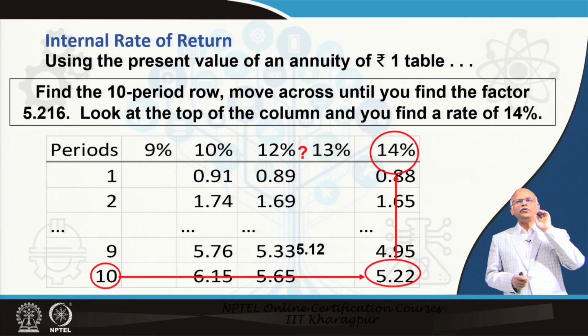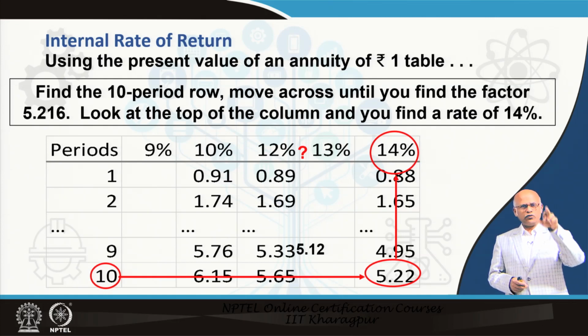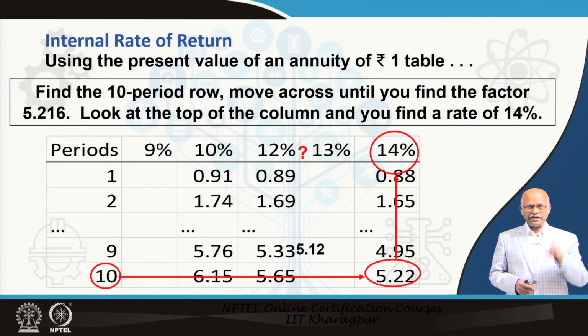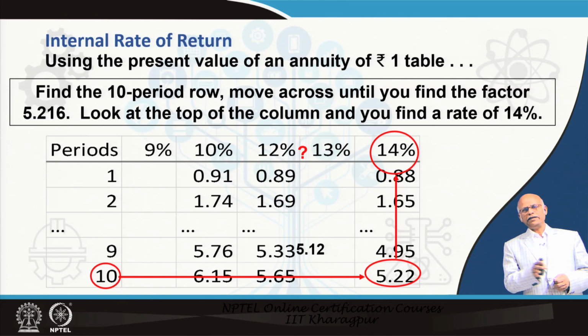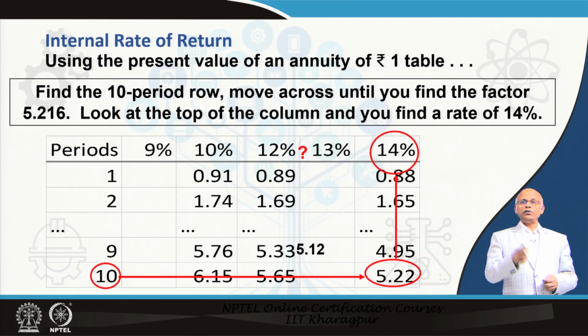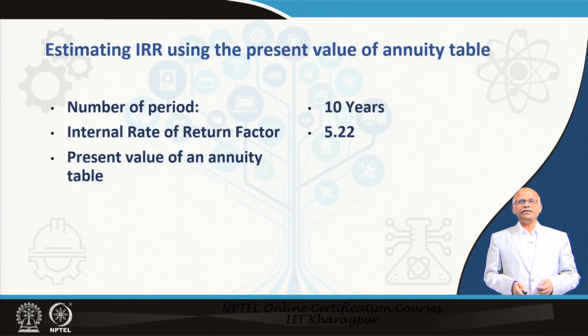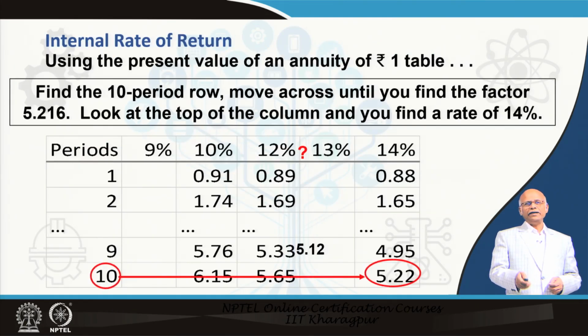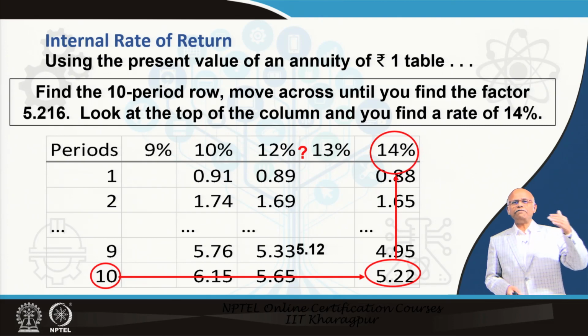So, we know it is a 10-year period. In this table you have to start from the period: 1 year, 2 years, 3 years, 4 years, up to 10 years. Move downward, stop at 10 years and then move rightward. You have this data, 5.22, so you see where in this table you have 5.22.